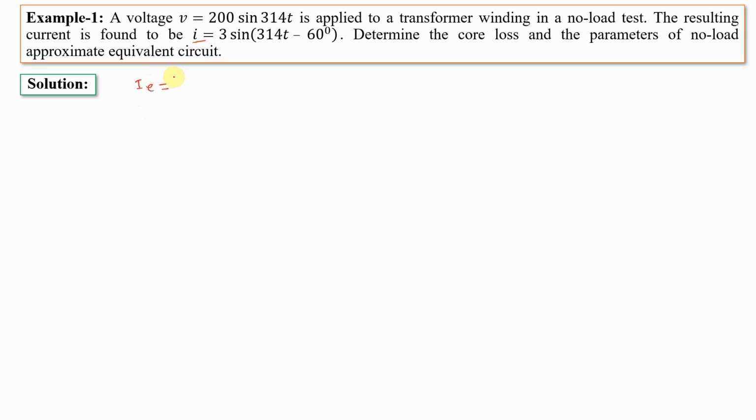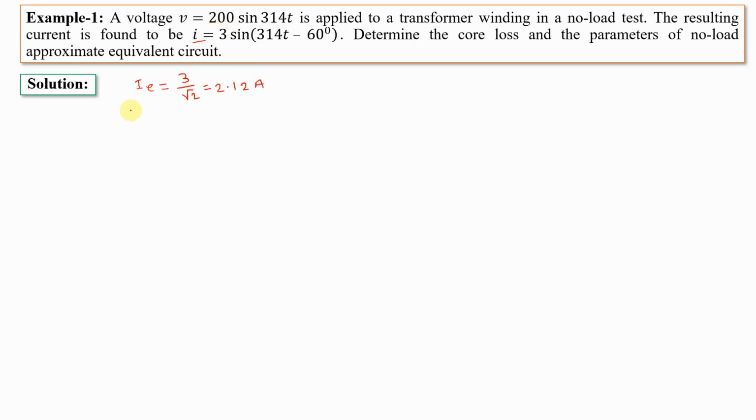If you want to find the RMS value of the current, it will be divided by root 2. So that is 2.12 ampere. This is the exciting current of the transformer at no load condition. The voltage here is 200, that is the maximum value.